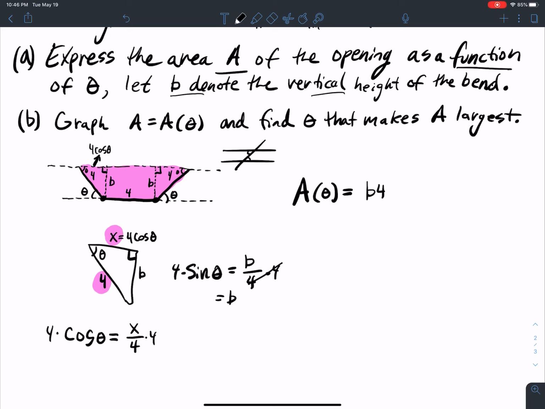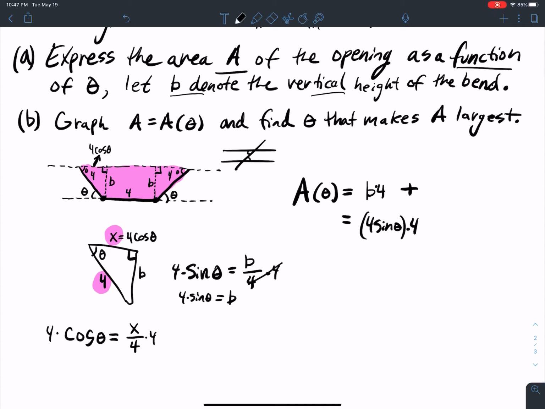So B is equal to 4 sine theta. So instead of having B times 4, this is actually going to be 4 sine theta times 4. Okay. So that's that middle rectangle there.